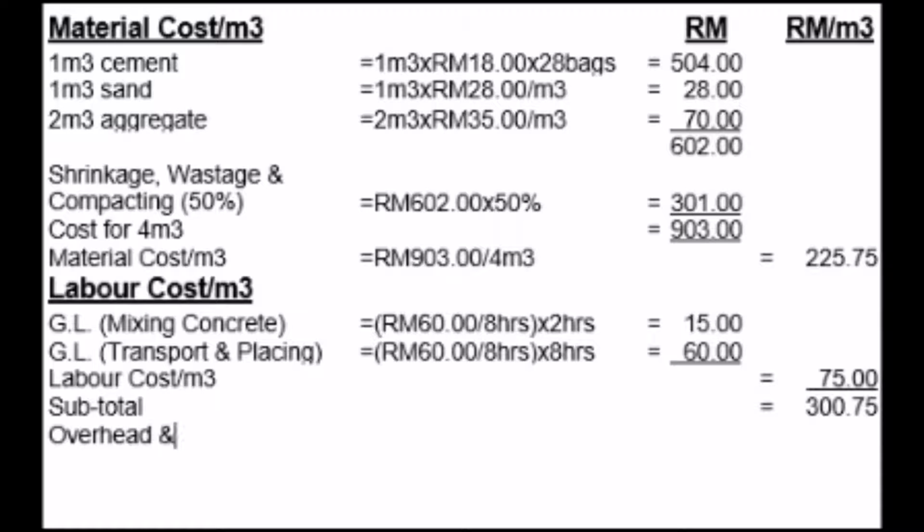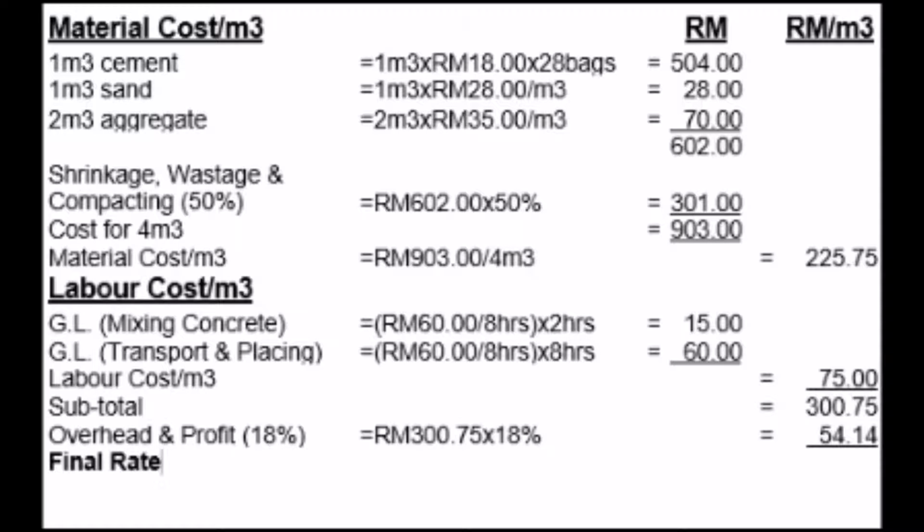We add up the total of labor and material, and not forgetting to add overhead and profit, which is 18%. Then our final rate for the concrete would be 354 ringgit and 89 cents.